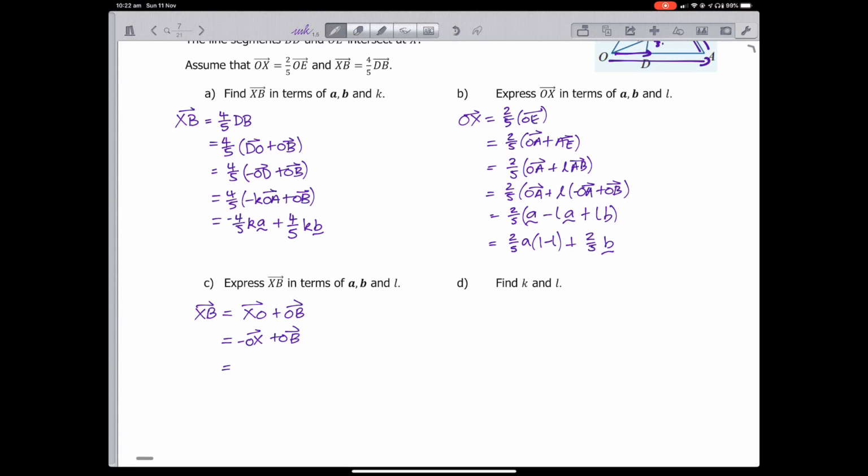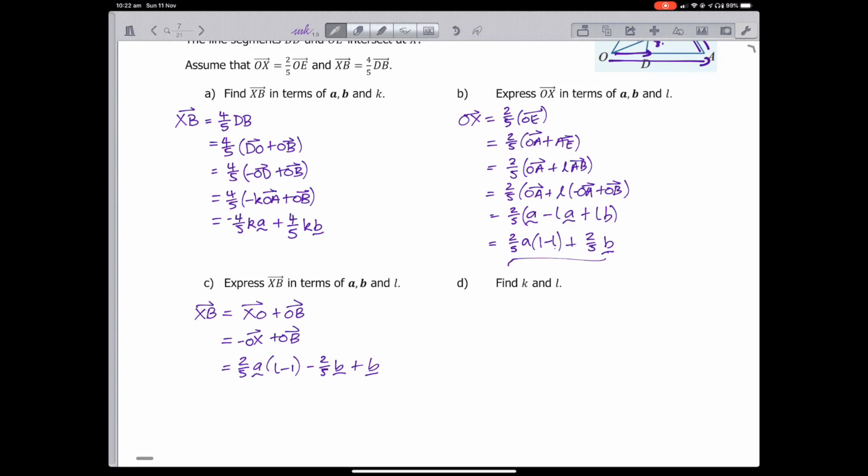Negative OX is, so I've got to take the negative of this, so just change that to L minus 1. So 2/5 A, L minus 1, minus 2/5 B, so we had to subtract that 2/5 B, and then plus B.